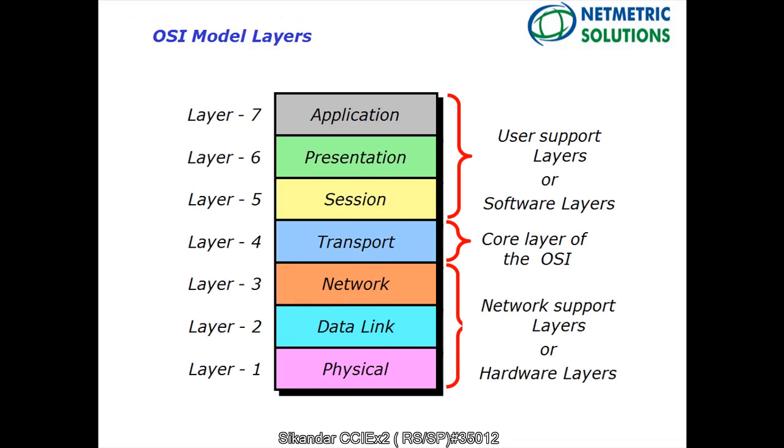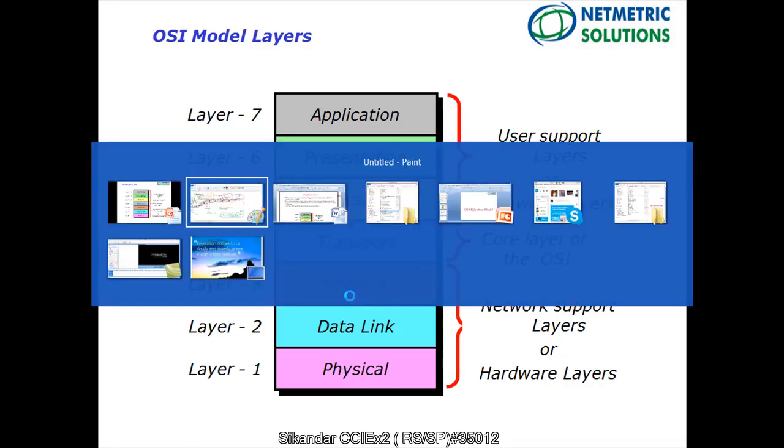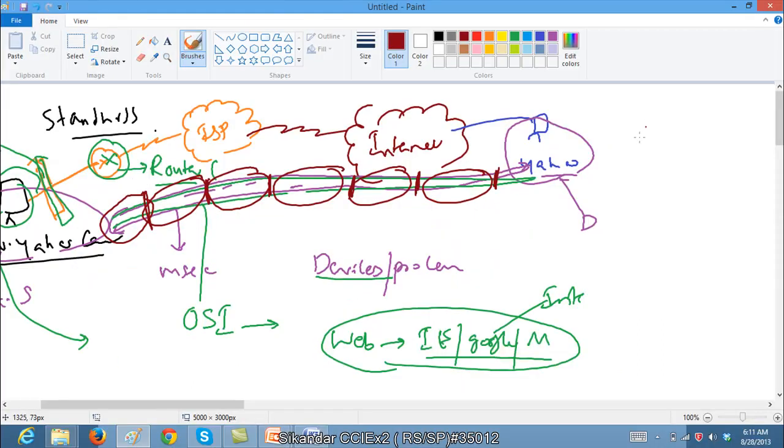In general, in our day-to-day activities we will see these things, so we are just trying to understand them in detail. The main advantage of understanding this OSI model, which is a reference model, is first that when you do troubleshooting, we can use this layered architecture to figure out where the problem is.